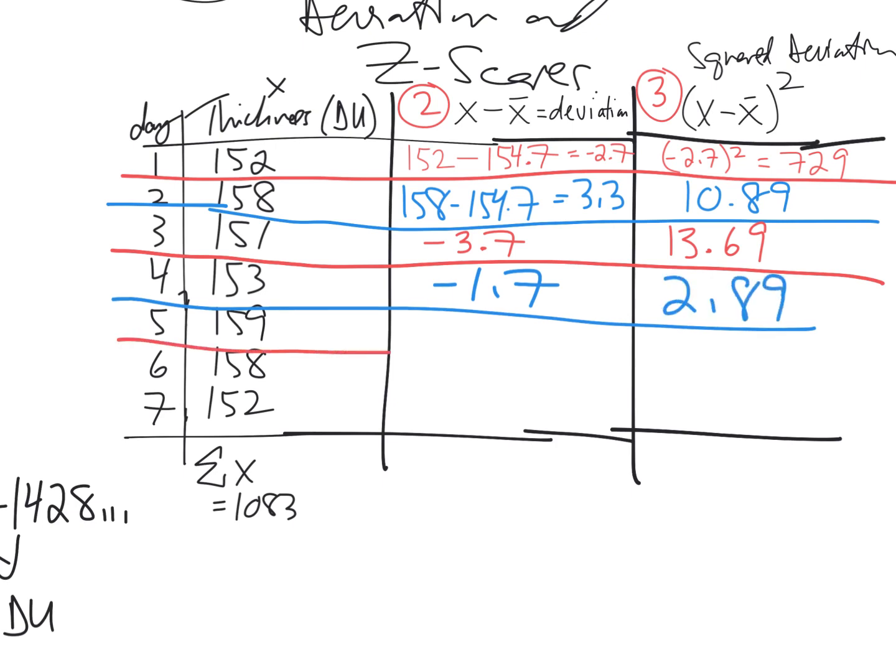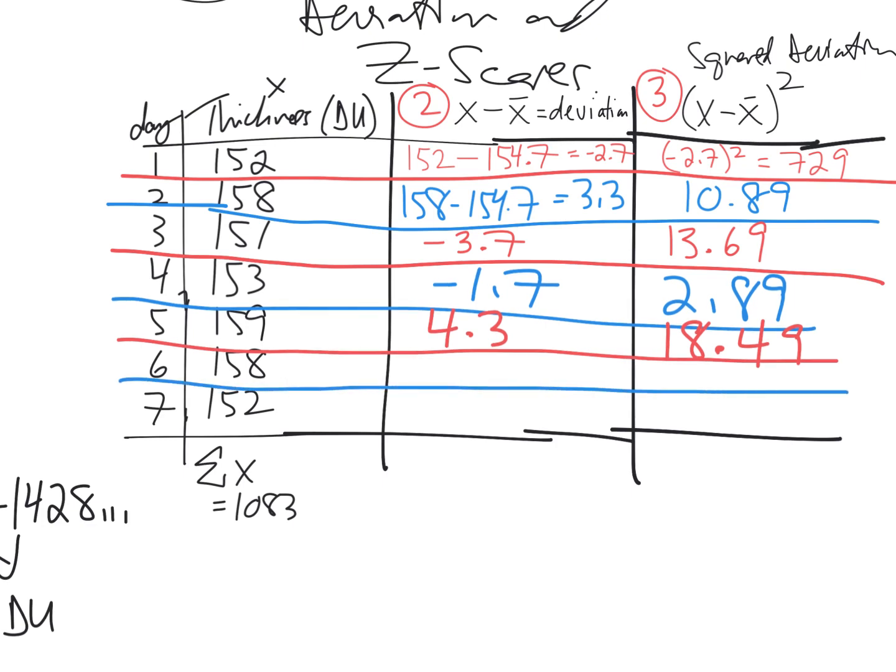And then 159 minus the mean, 4.3, squared is 18.49. And then 158, which we've already calculated up above, 3.3 and 10.89. And 152 was the first one that we calculated, negative 2.7 and 7.29.